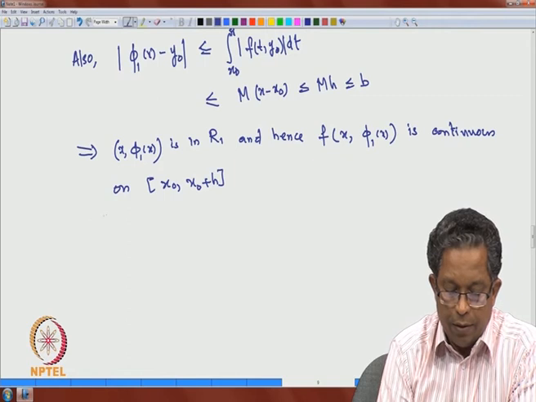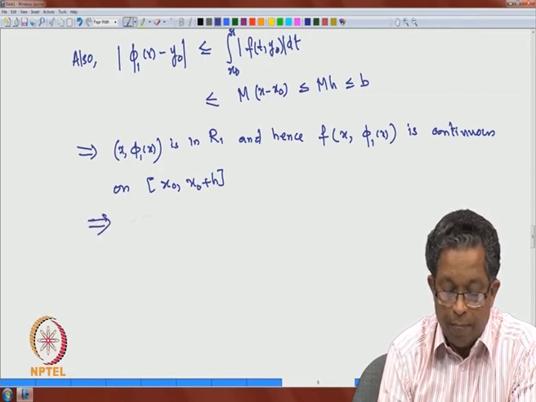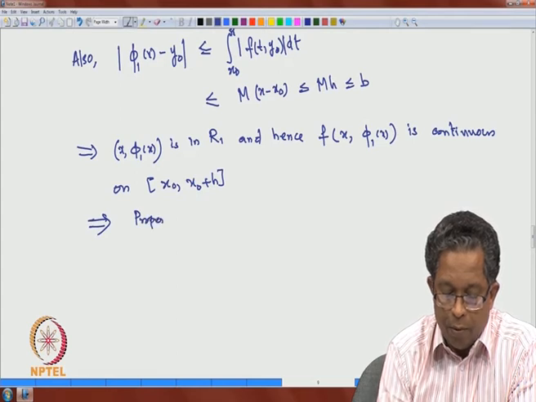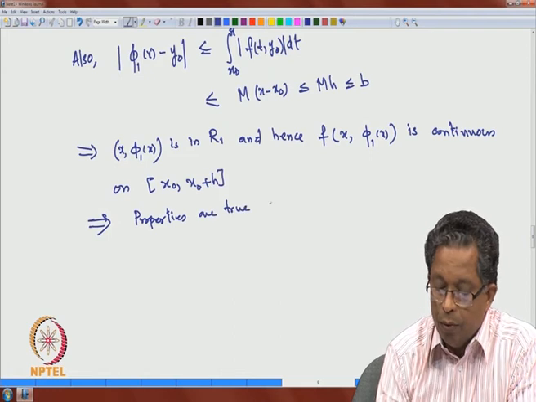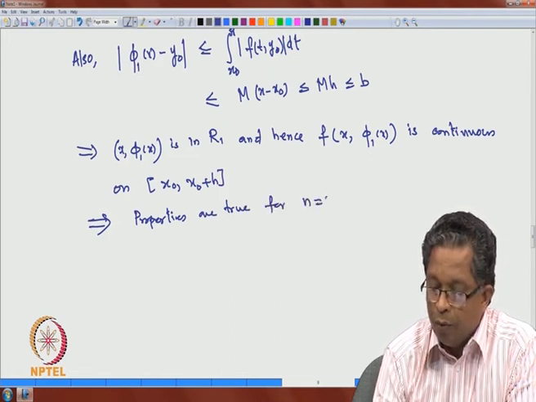So, the properties are true for n is equal to 1.